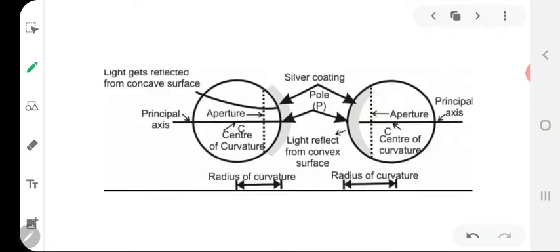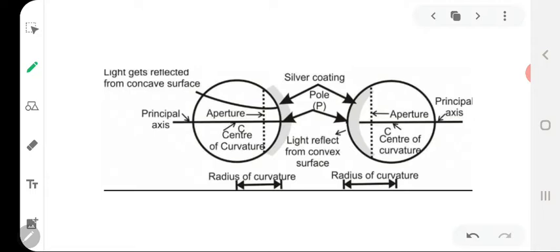Now just observe this picture. With the help of this picture, we shall try to understand some important terms in respect of spherical mirrors. It is very important that before we proceed to know about the image formed by spherical mirrors, we recognize and understand the meaning of a few terms which are commonly used in discussion about spherical mirrors. What are they?